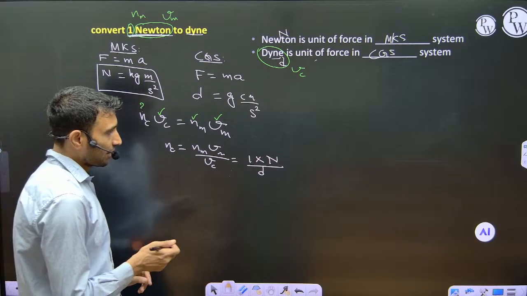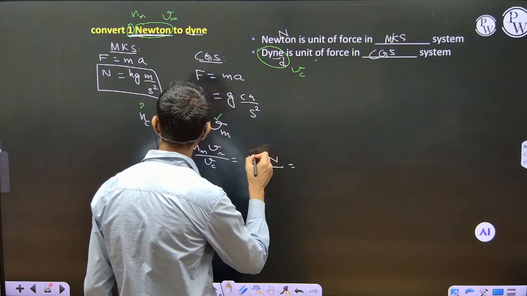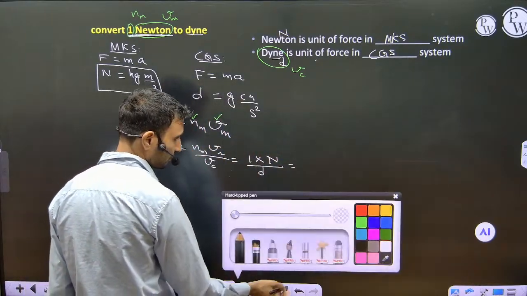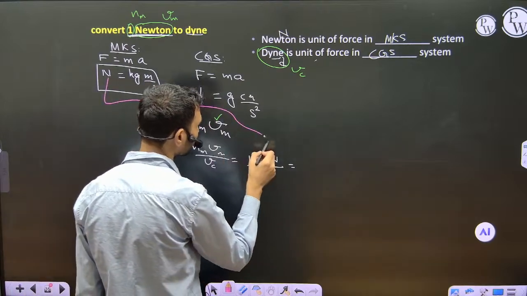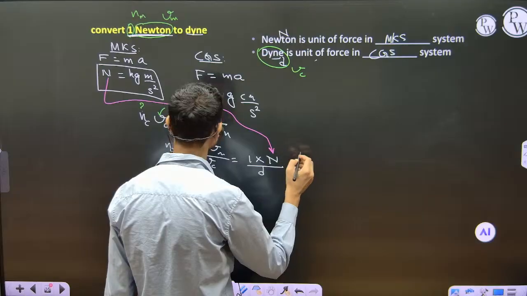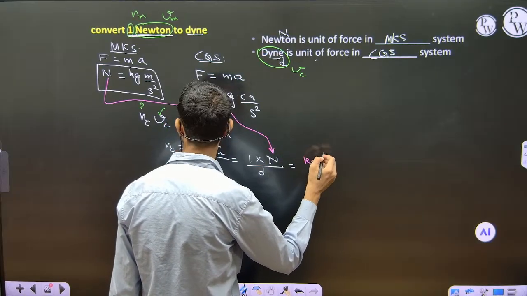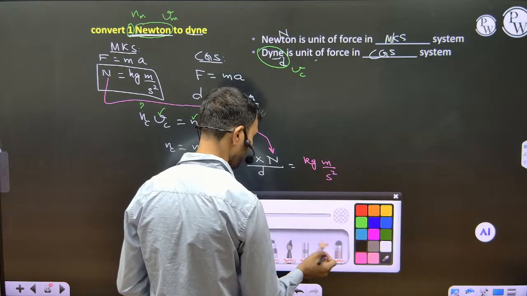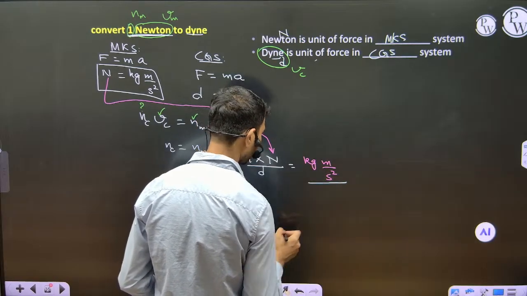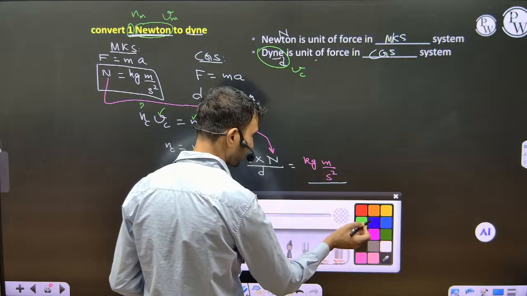Now let us go and put the values. What is N equal to? N equals this, right? And that is kg meter per second square, divided by dyne. What is dyne equal to?